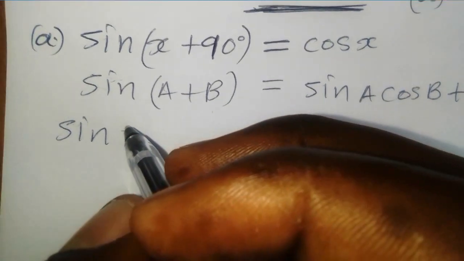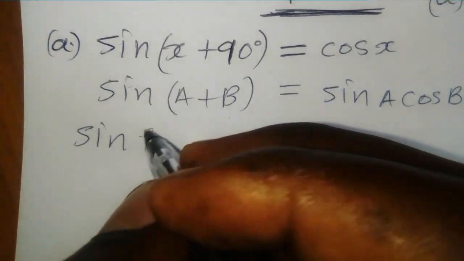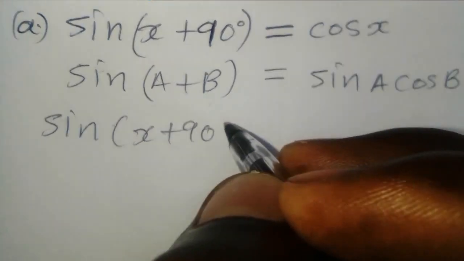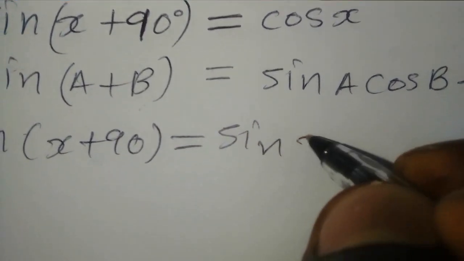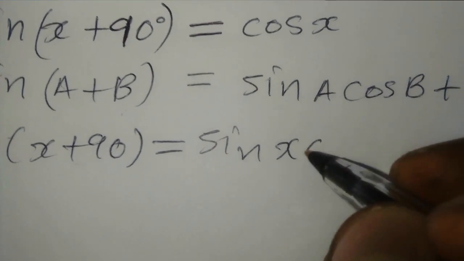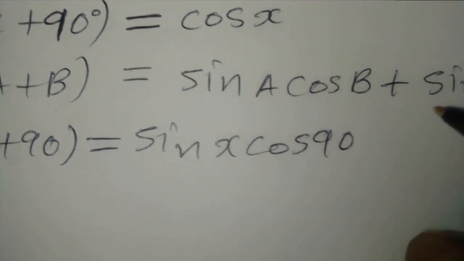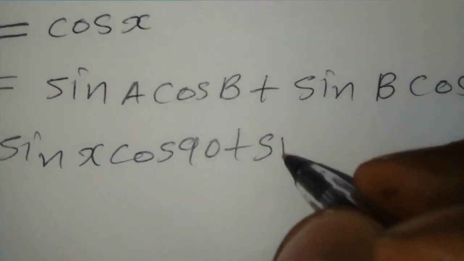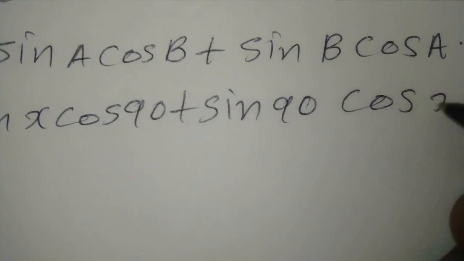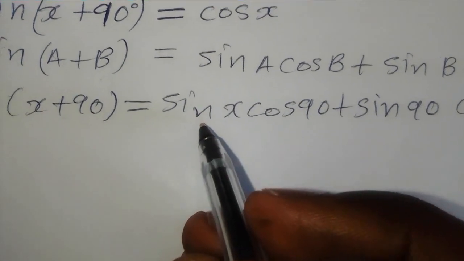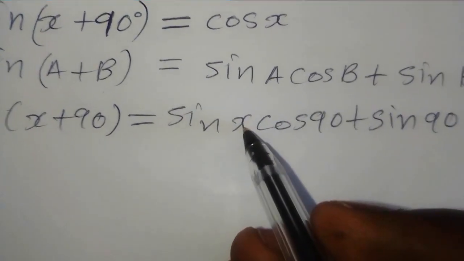So sine x plus 90 is equal to sine x cos 90 plus sine 90 cos x. So we all know to say cos 90 is equal to 0.